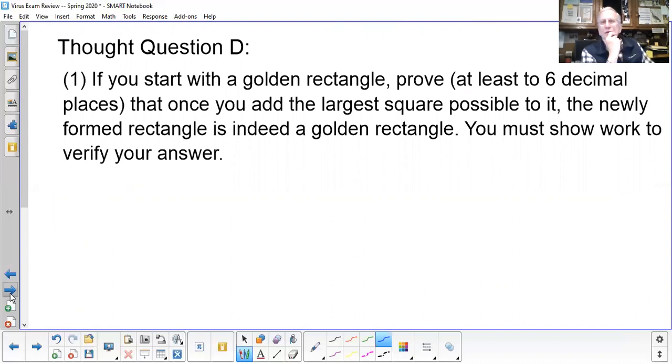This is another one of those informal proof ideas. Now, if you were to start with a golden rectangle, at least to 6 decimal places, I want you to prove that once you add the largest square possible to it, the newly formed rectangle is indeed a golden rectangle.